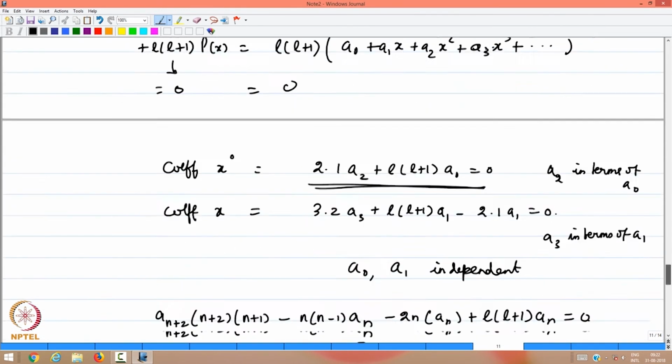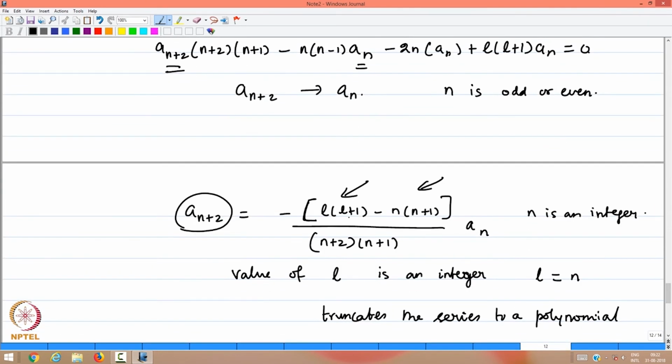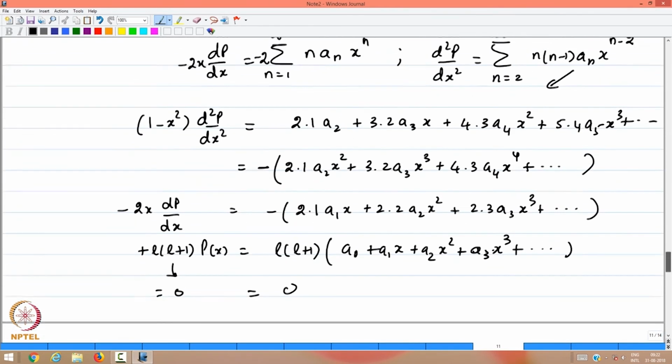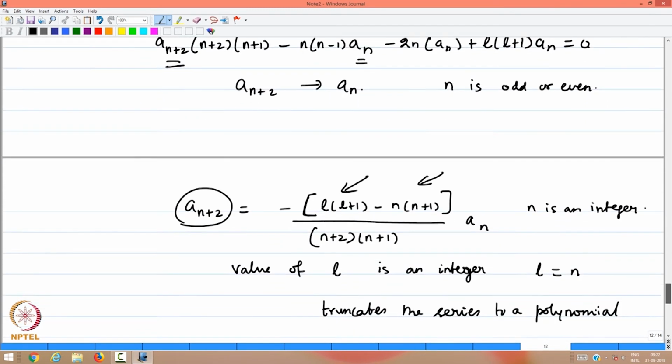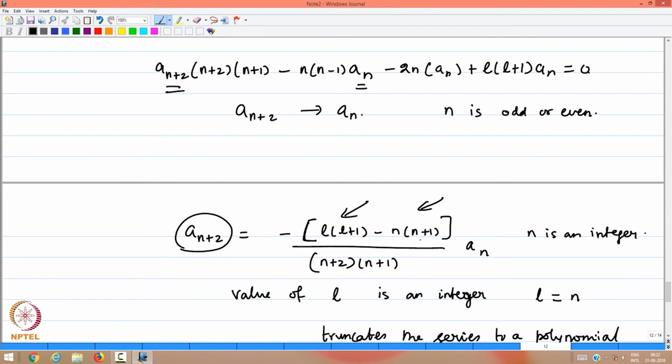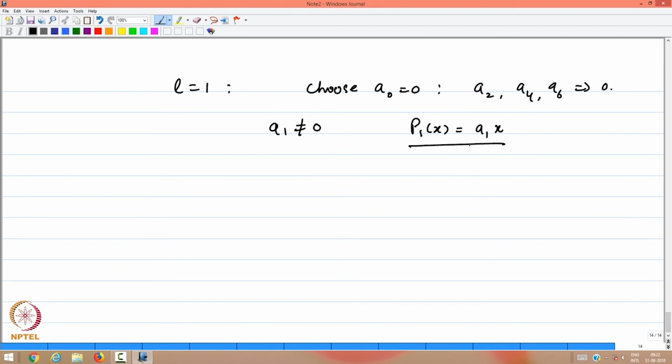When you choose L equal to 1, you will have a 1 which is independent, and a 1 is part of the infinite series expression here, and we have chosen in this series only the term a 1 of x, a naught, a 2 are all 0, a 3, a 5 are all 0 because L is 1. Because of L equal to 1, this is 0. You can see that. A 3 is 0 since L is 1, n is 1. Okay. Therefore, a 1 is non-zero, but a 3 is 0. So, you have only one term p 1 of x is equal to a 1 of x.